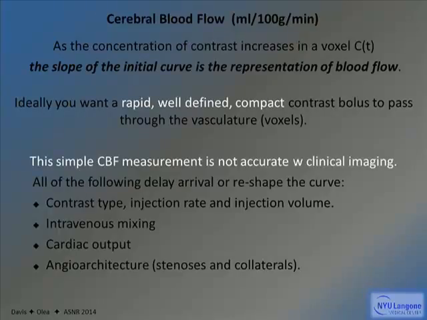So ideally, you want a rapid, well-defined, compact contrast bolus to pass through the vasculature. This simple CBF measurement, unfortunately, has problems. All of the following issues delay or reshape the curve. The type of contrast you use, the injection rate, the injection volume, intravenous mixing, cardiac output, angio architecture. So CBF is a technique-dependent indice.